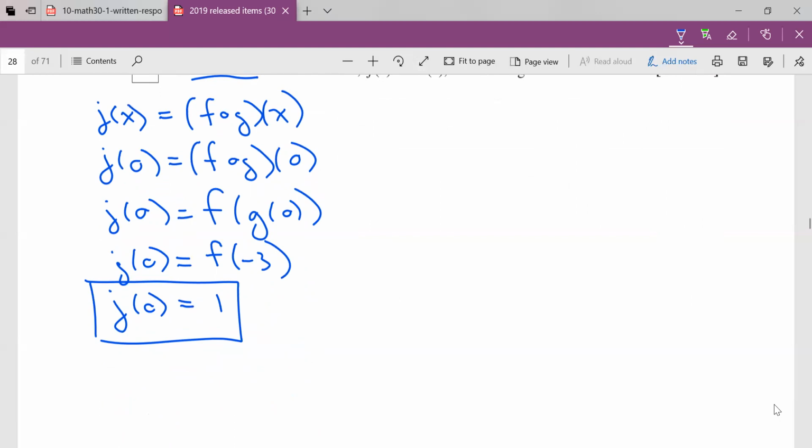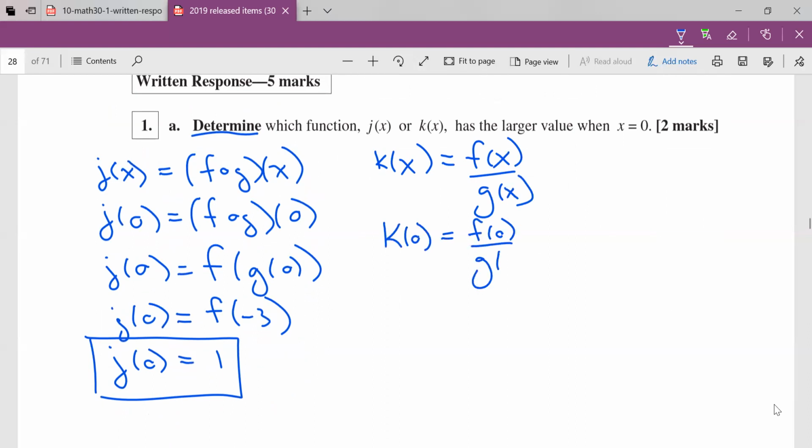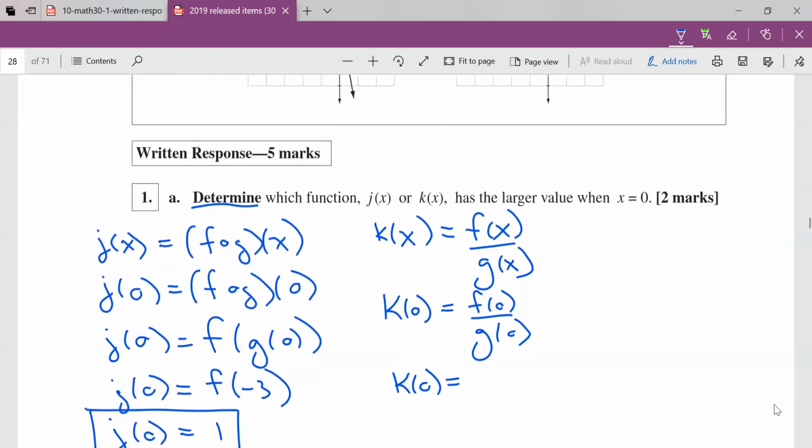Now I'm going to go back and say, what's k at x? Okay, so k at x was equal to f at x over g at x. Our job here is to determine k at 0, which is f at 0 over g at 0. K at 0, again, we just have to go back up to our graphs and look at these things.